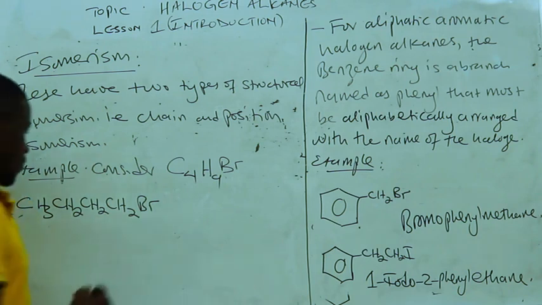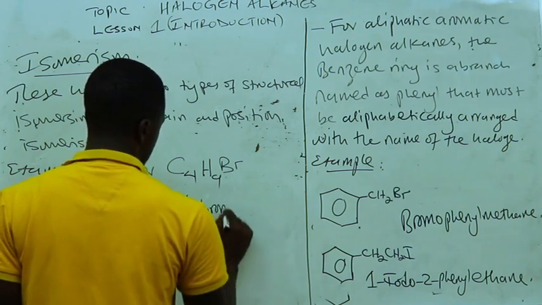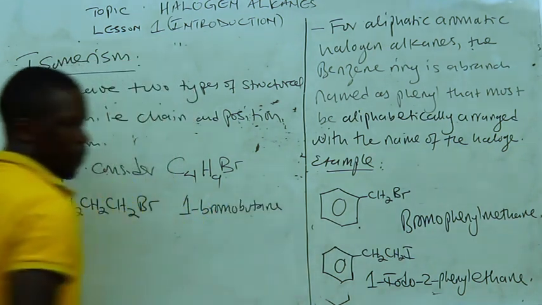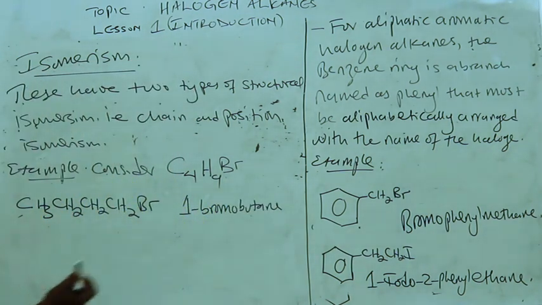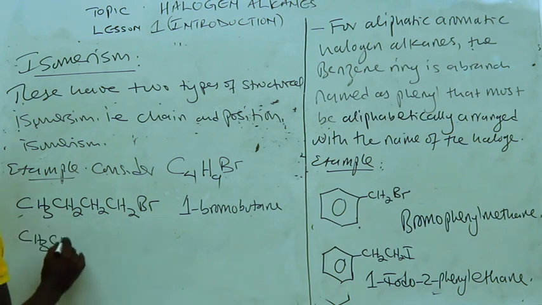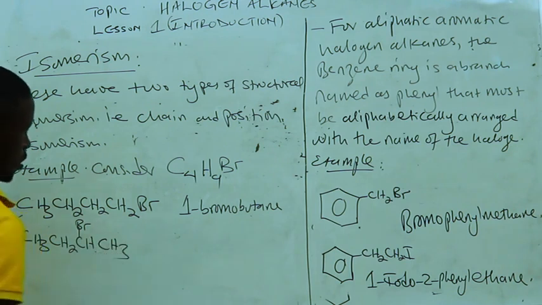And what's the name? This is 1-bromobutane. But it is possible that we could change the position of the bromine atom from carbon atom number 1 to carbon atom number 2, and the structure would be CH3, CH2, CHBr, CH3.